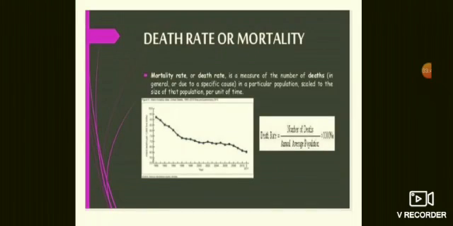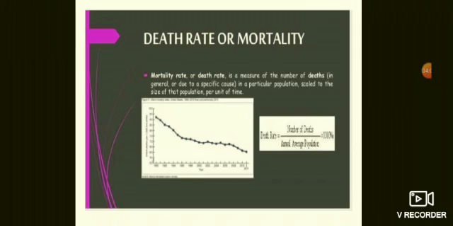Now the next characteristic of the population is death, or mortality. The lowest death rate for a given species under the most favorable condition is called potential mortality. First of all, you have to know what death is.